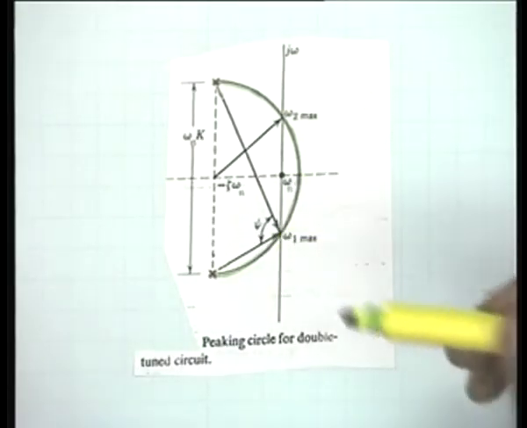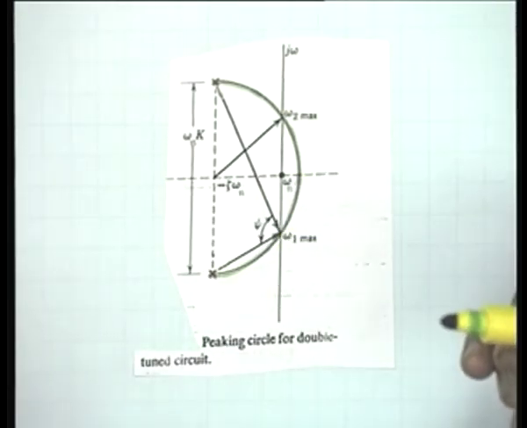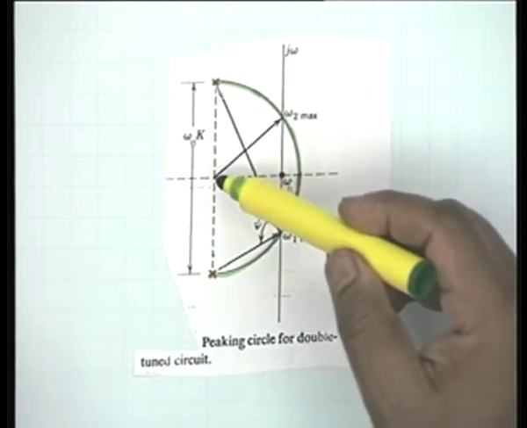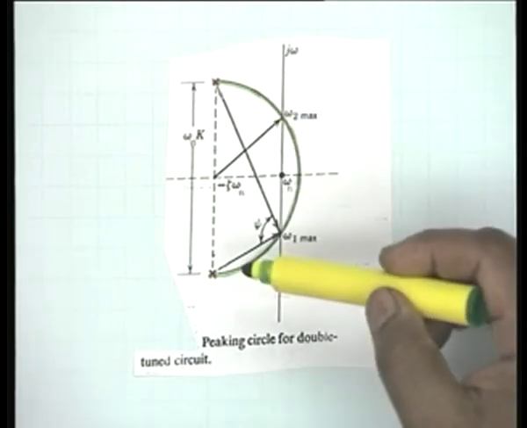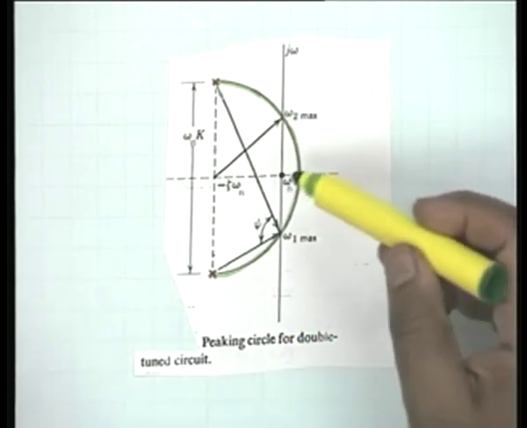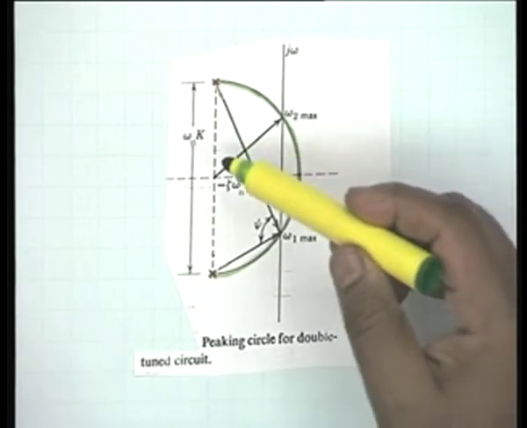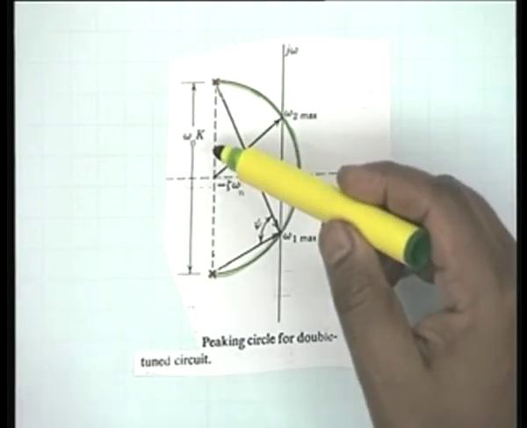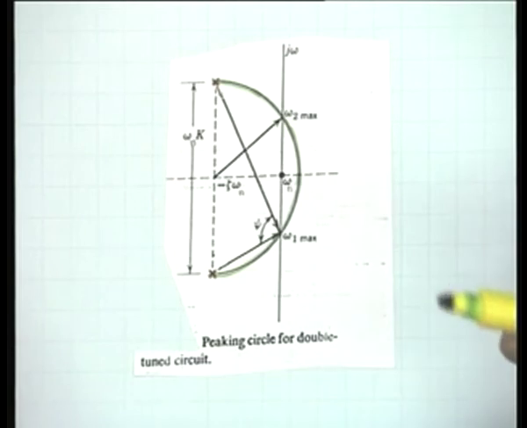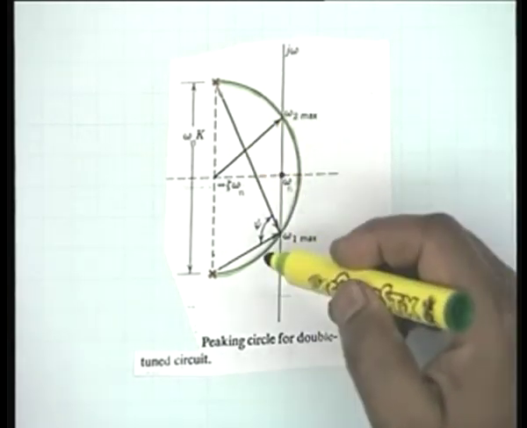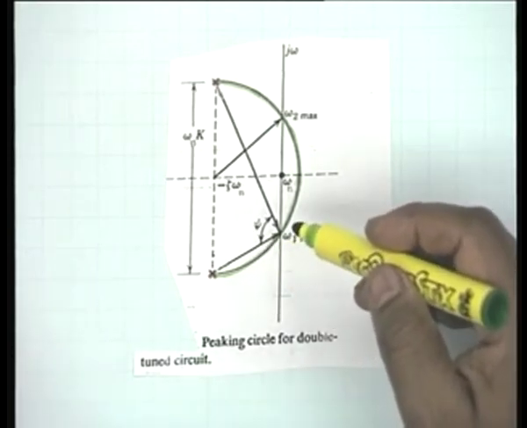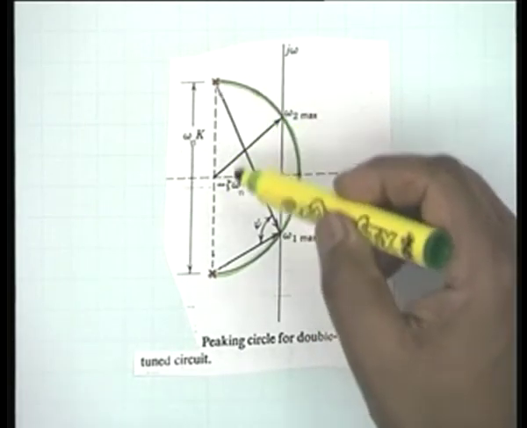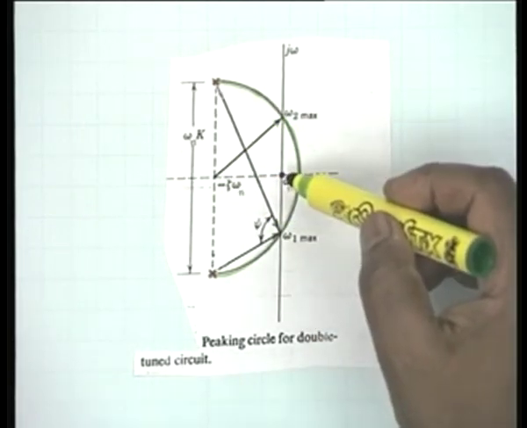You also realize before passing further that this circle may or may not intersect the j omega axis. Depending on the relative values of k and zeta, this circle may or may not intersect. This situation is when omega n k by 2 is greater than zeta omega n, so k is greater than 2 zeta, the coefficient of coupling is greater than twice zeta.